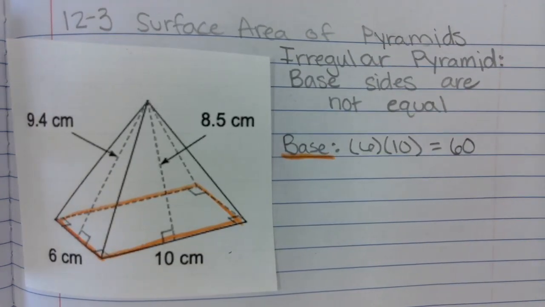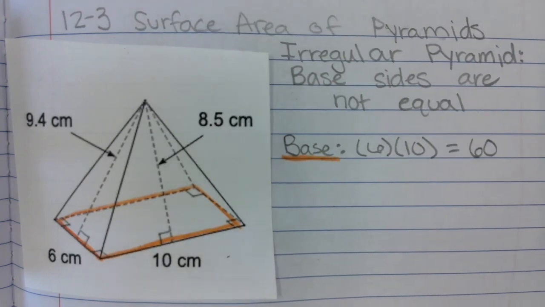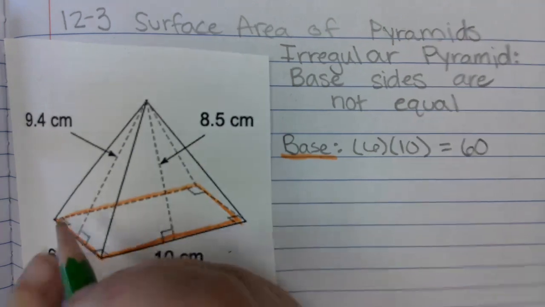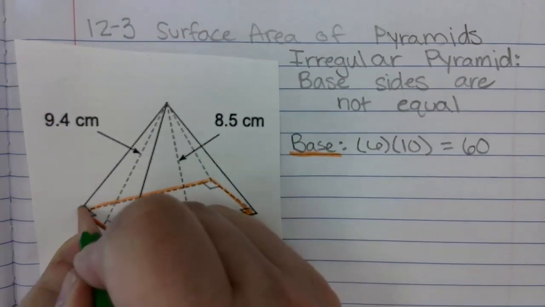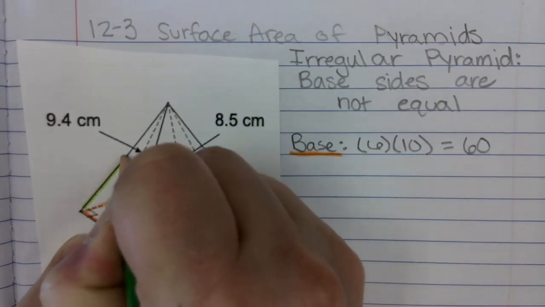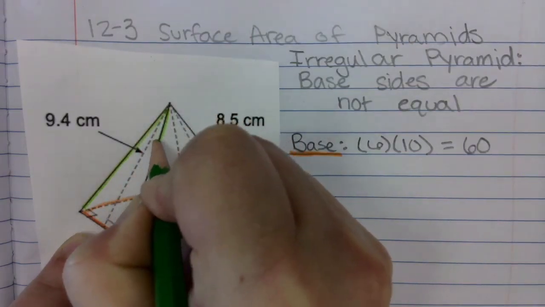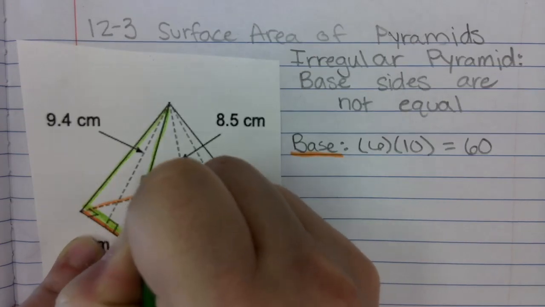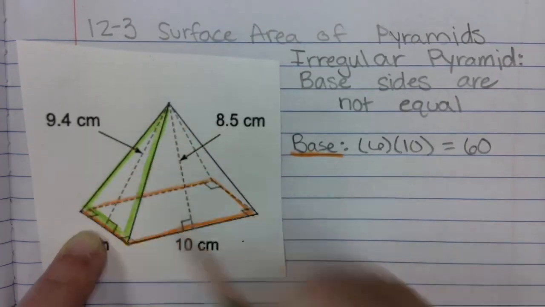Now we need to identify the different types of triangles we have coming up from that base. So on one side of the base, we have that 6 centimeters, and we have this triangle going up to that vertex based on that side, the 6 centimeters. I'm going to do that one green. This one, really color coding, is going to help much more than even the next problem.